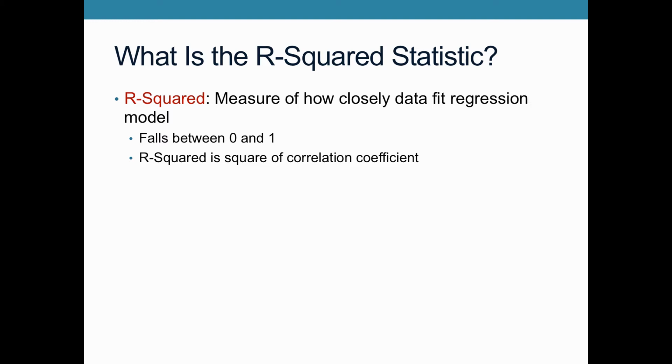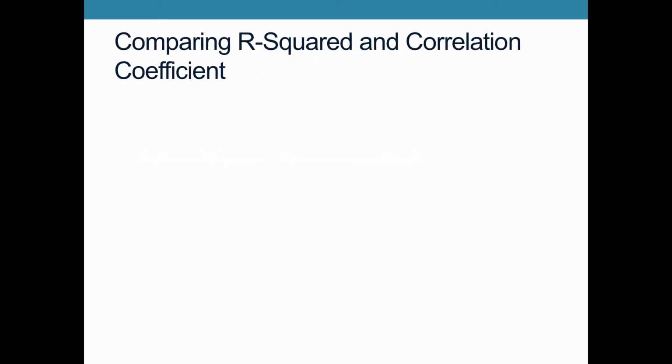And intuitively, R squared is the square of the correlation coefficient, which is also known as R, right? So if this seems familiar, this idea of measuring fit of how variables fit together, it's because it's very related to this correlation coefficient. So in what ways are the R squared and correlation coefficient similar, and how are they different?